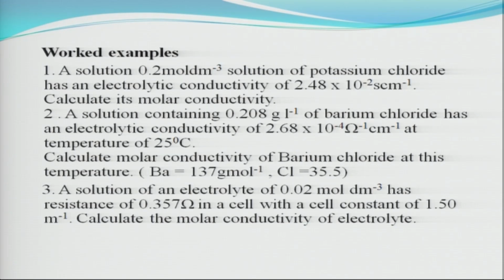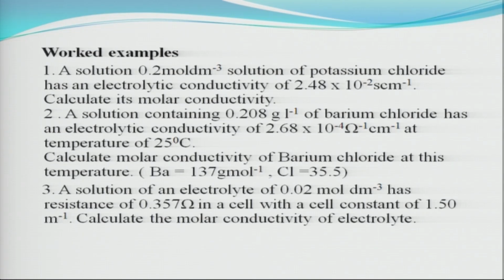Number 2 says a solution containing 0.208 gram per liter of barium chloride has electrolytic conductivity of 268 times 10 to the power negative 4 per ohm per centimeter. Then calculate the molar conductivity.